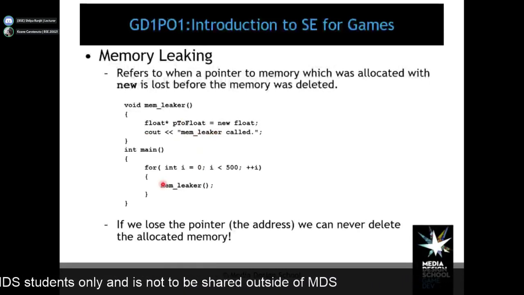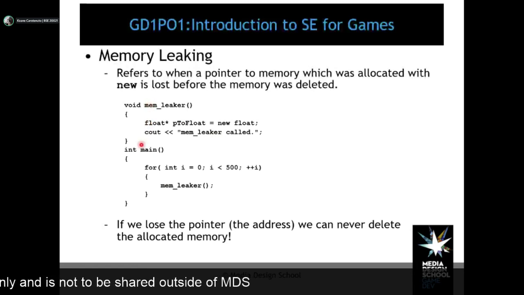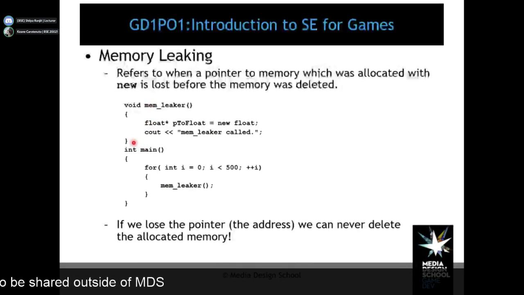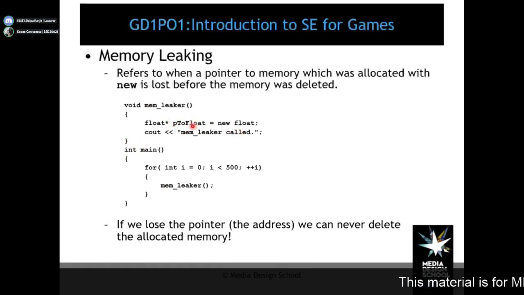You keep allocating memory, but the memory is never returned. At the end of this function, my use of the float is over, but the memory is still reserved for this function, though it can never be used.